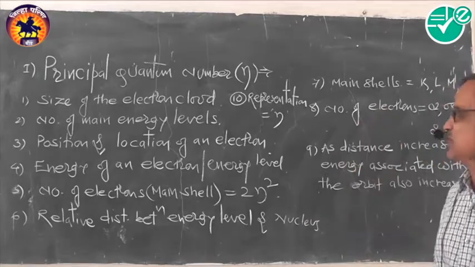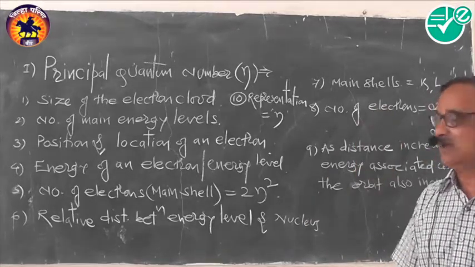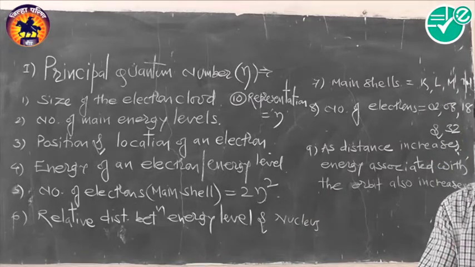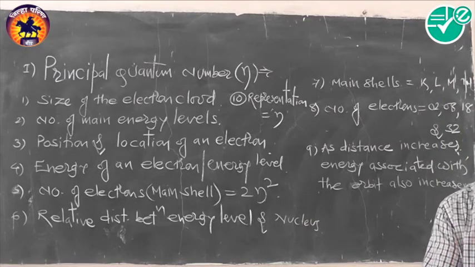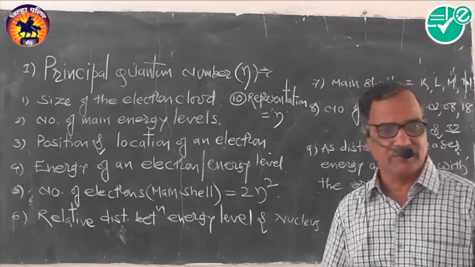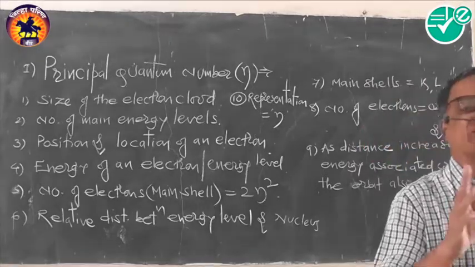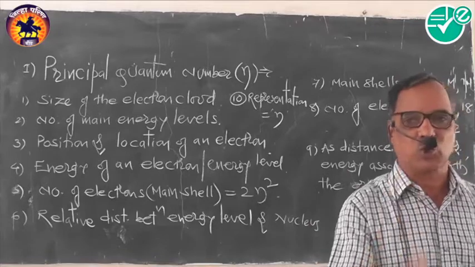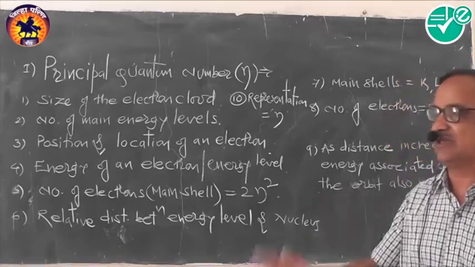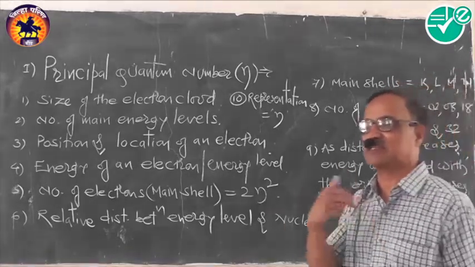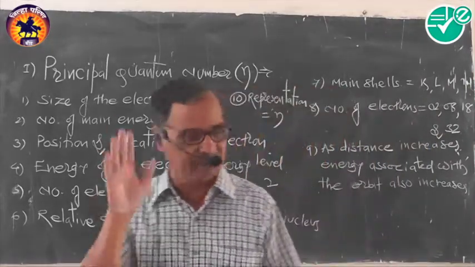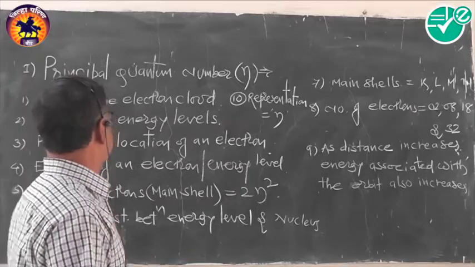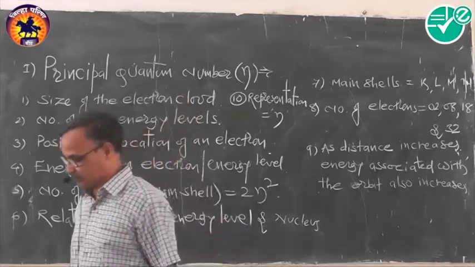So basically the principal quantum number is eligible to give the total number of electrons in the orbit, that is, around the nucleus of an atom. So initially it gives the size of the electron cloud.